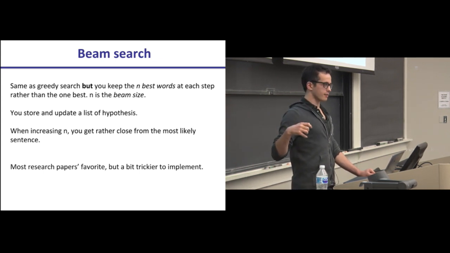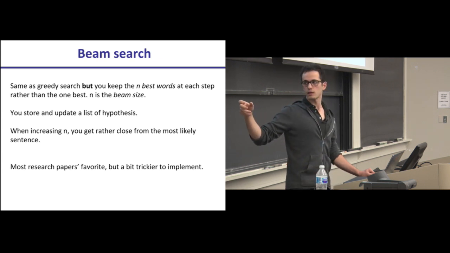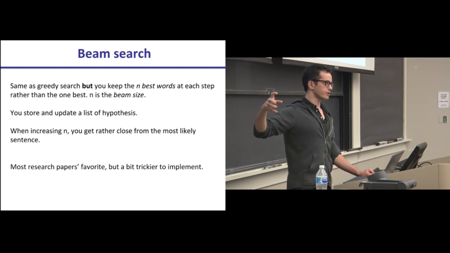And at the next step, you're going to try all of these probabilities. So you'd get the 10 best ones for W5-1, 10 best ones for W5-2, etc. So you end up with 100 sentence sequences. And from this, you prune back to keep only 10 as well. And so you kept the 10 most likely out of 100.